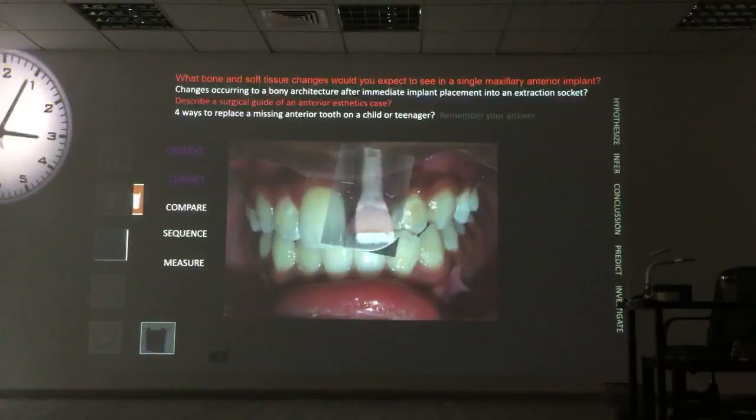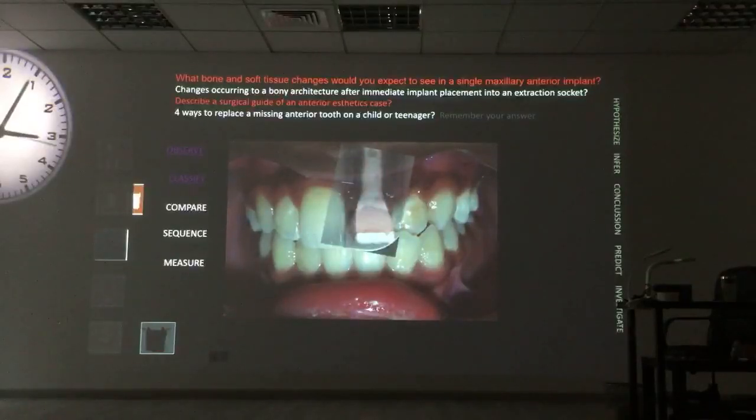How would you make a surgical guide for this case? I didn't show it, but there must have been a CBCT.